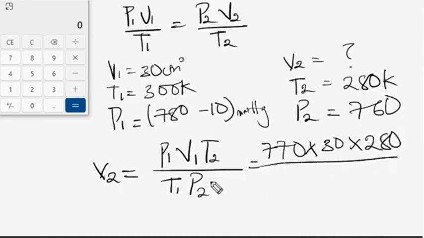So this will be over T1, which is 300 Kelvin, times P2, which is 760 millimeters of mercury.